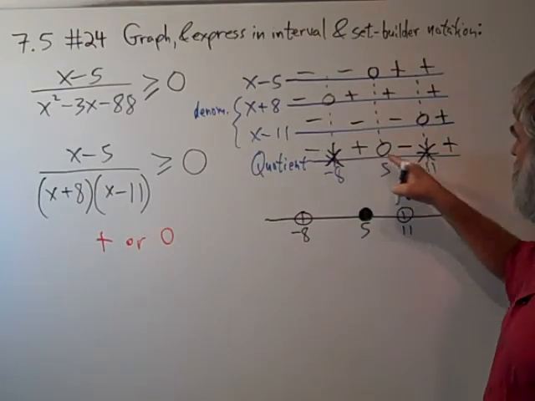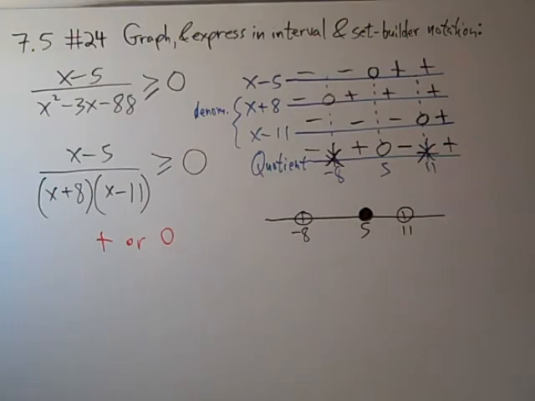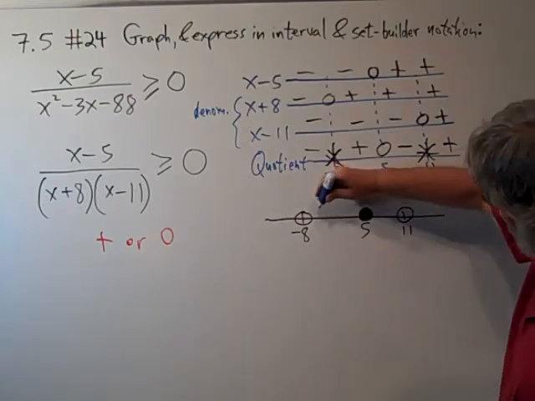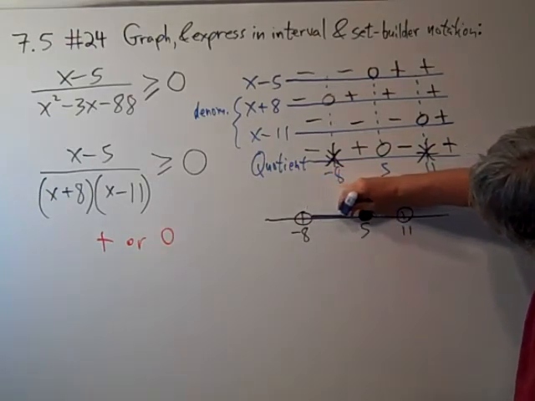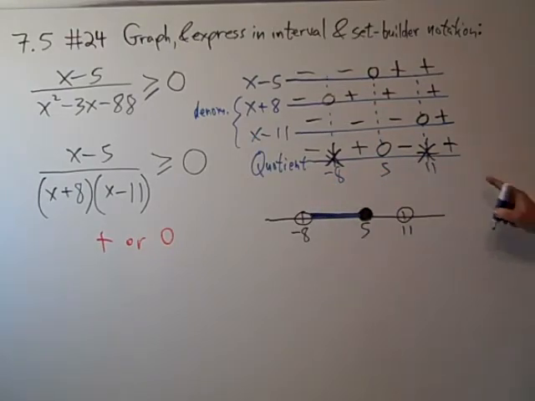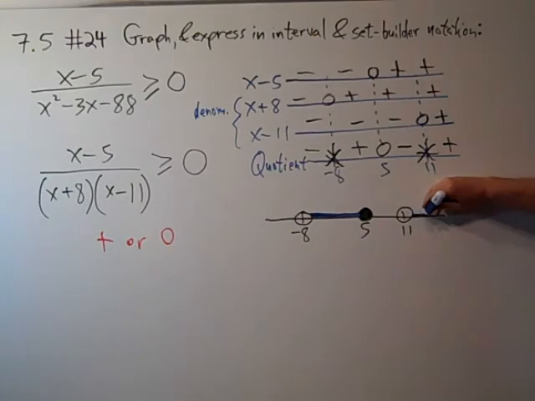This is a 0, but those are not. Okay, now the positives are then between negative 8 and 5. So we'll shade in the solution set here. And also everything to the right of 11, so it's everything to the right here.